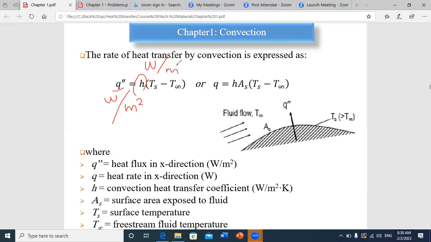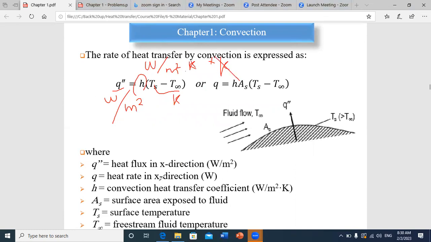In case you forgot the units, you can easily get them again. Because you know that heat flux is in watt per meter square and delta T is in Kelvin. So to have homogeneous units, h should be in watt per meter square Kelvin, since when you multiply by delta T, Kelvin and Kelvin will cancel out and the unit will be watt per meter square.